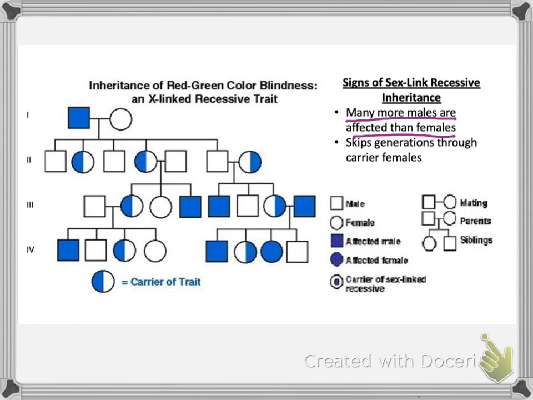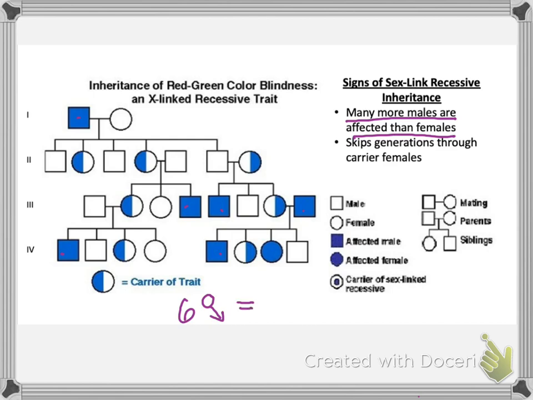So we have colored in blue affected males and colored in circles are affected females. So let's count. 1, 2, 3, 4, 5, 6 males have red-green color blindness.